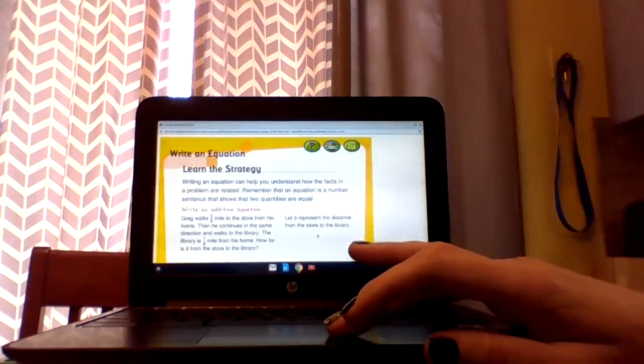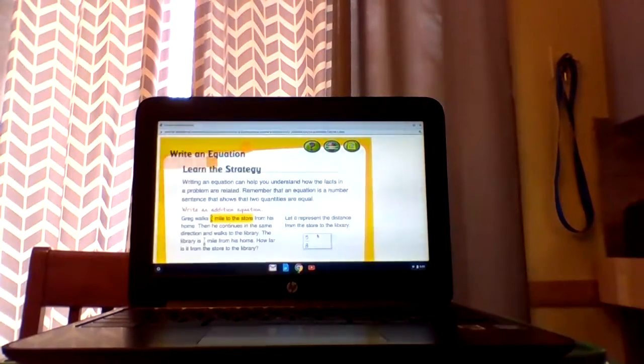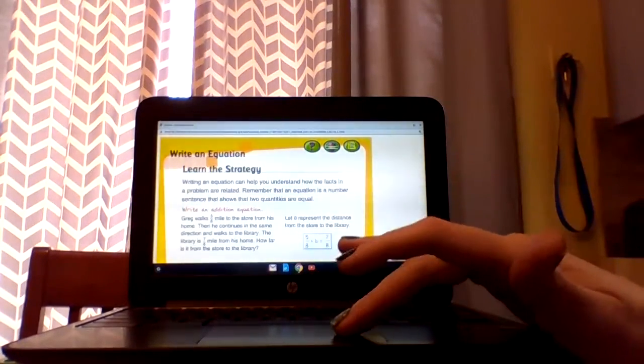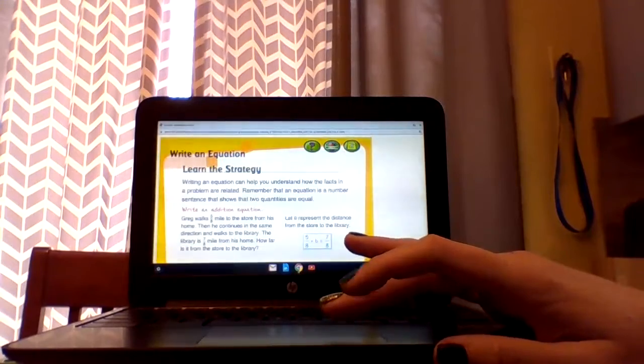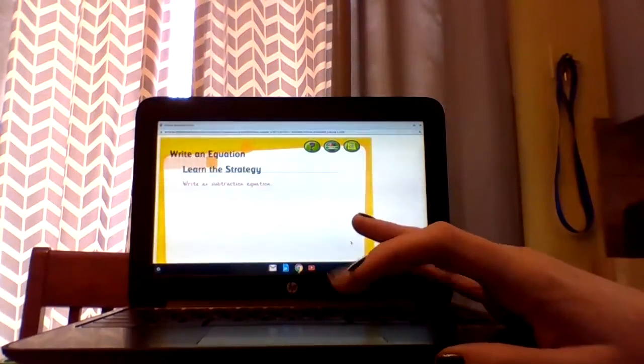We're going to use B. So we have 5/8 mile to the store plus B equals 7/8. And since we know how to add and subtract fractions with common denominators, we know we can do 5/8 plus what? Equals 7/8. That's right. 2/8 should go where my variable is.